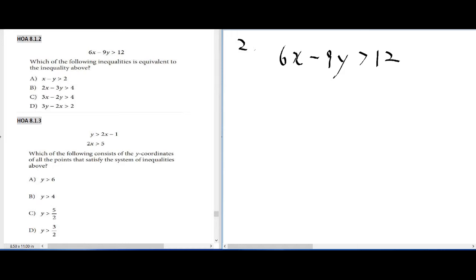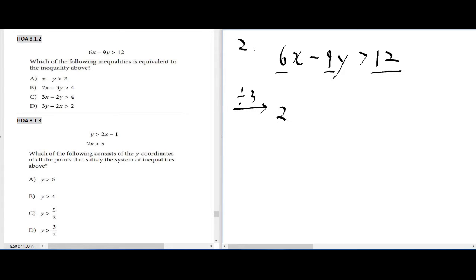So this time, without using your choices, you will divide by 3, because the coefficients 6, 9, 12 are all divisible by 3. So you want to divide it by 3.